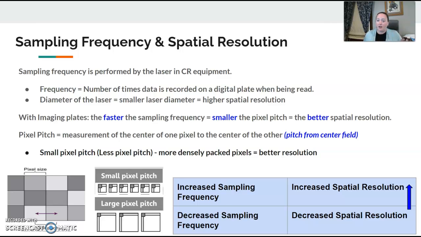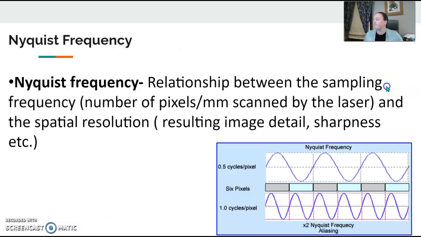So you want a high sampling frequency to increase your resolution. The Nyquist frequency is a term that sometimes students ask me about. It comes up here and there. It's the relationship between the sampling frequency, which is the number of pixels per millimeter scanned by your laser, and the spatial resolution. So how many cycles per pixel and size of pixels is being scanned.